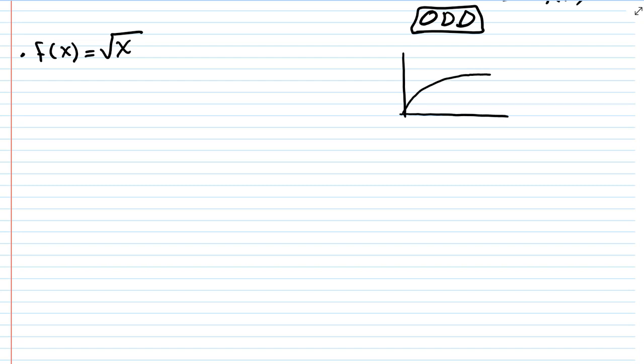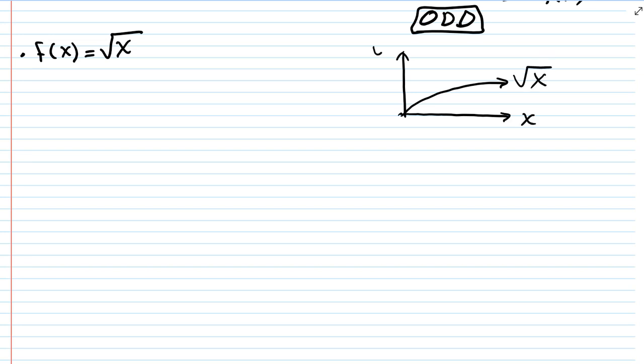Okay, this next one, we're going to go f of x equal square root of x. Now the graph of the square root of x, again, without plotting any points, this is what the graph of the square root of x looks like. There you go. Square root of x.